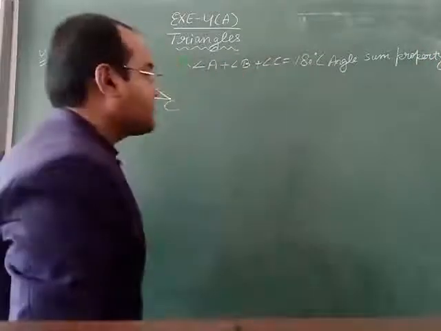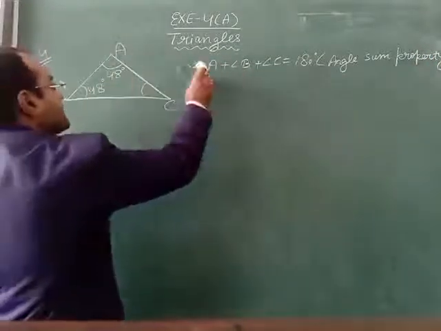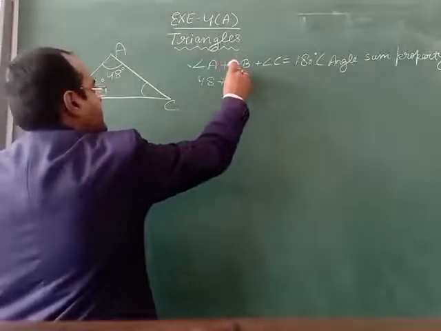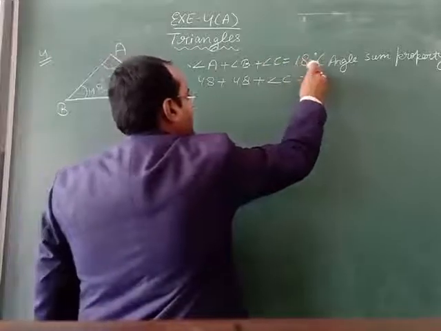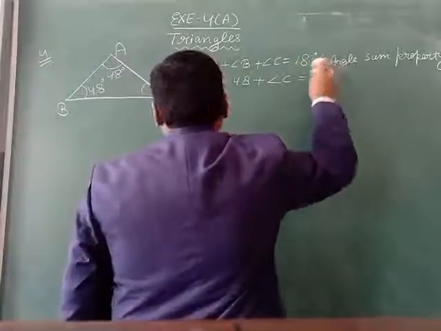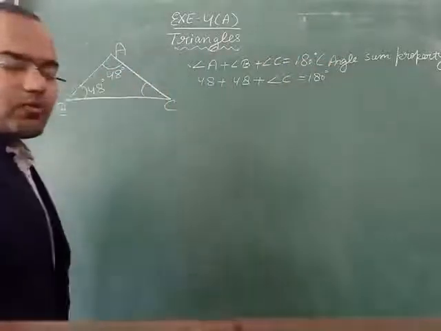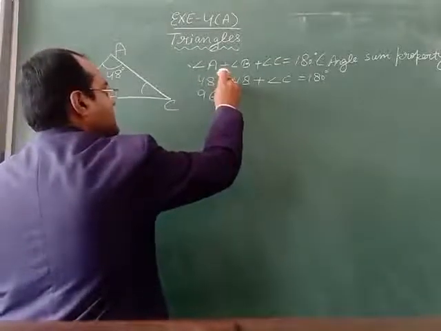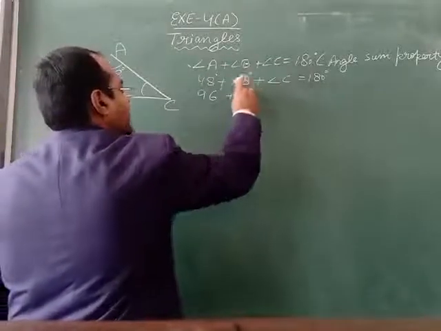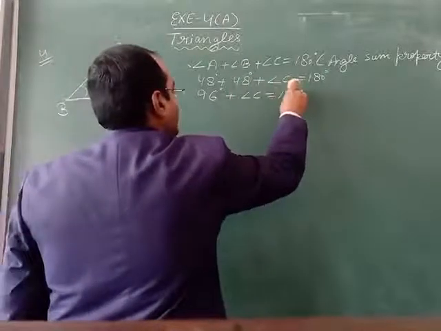Now in the next step we will put the value. Angle A is 48, angle B is also 48, angle C we don't know, is equal to 180 degrees. Now 48 plus 48, we will get 96 degrees plus angle C is equal to 180 degrees.